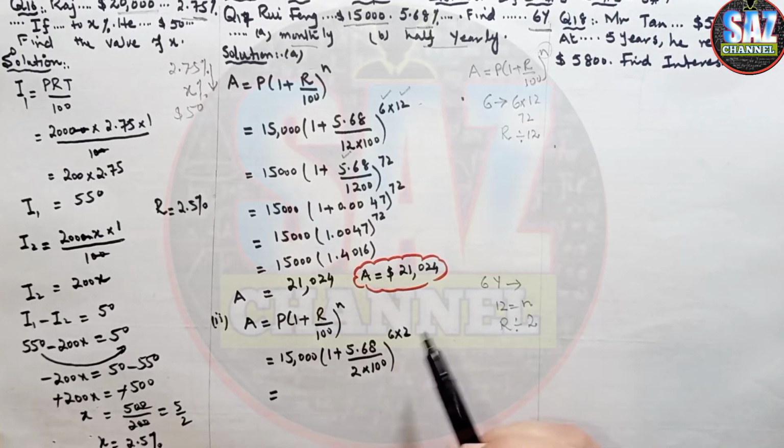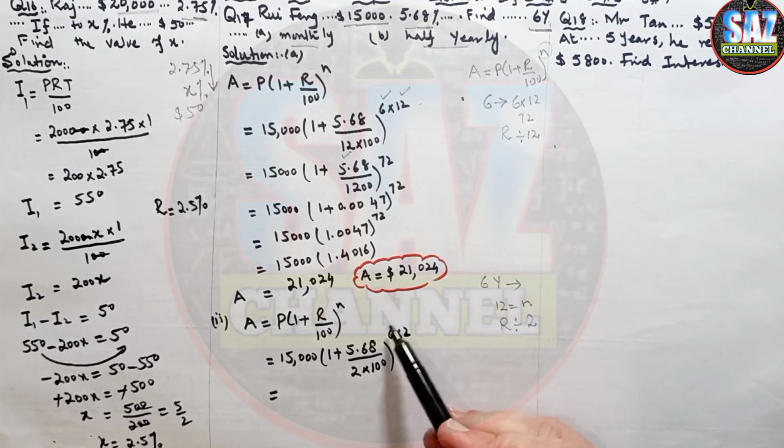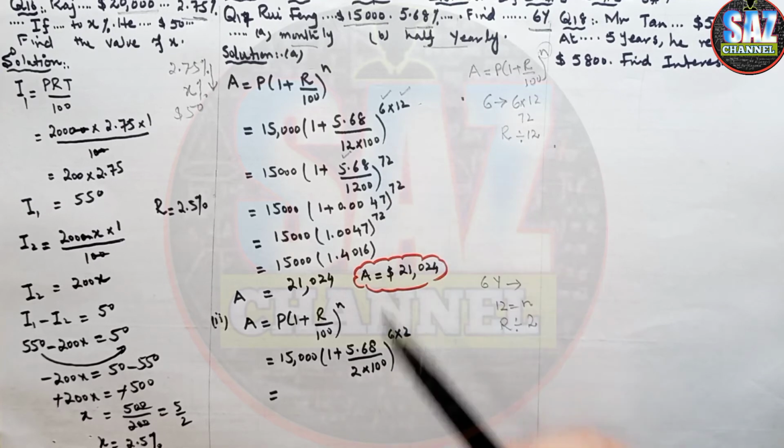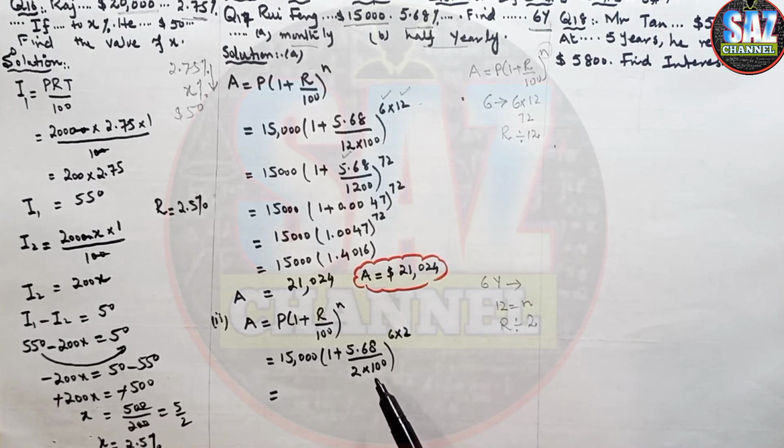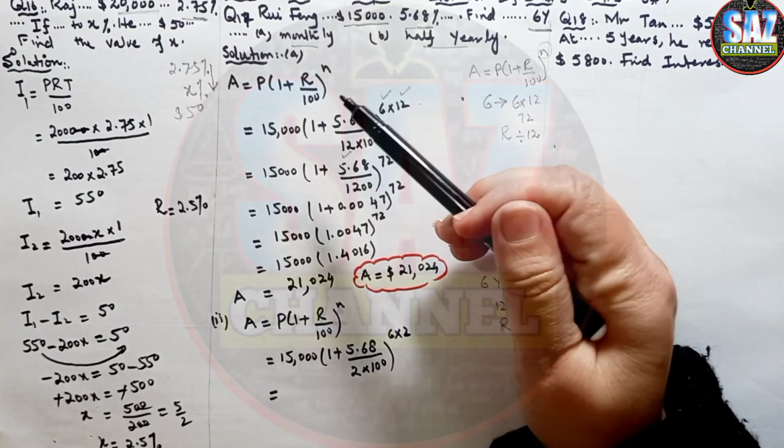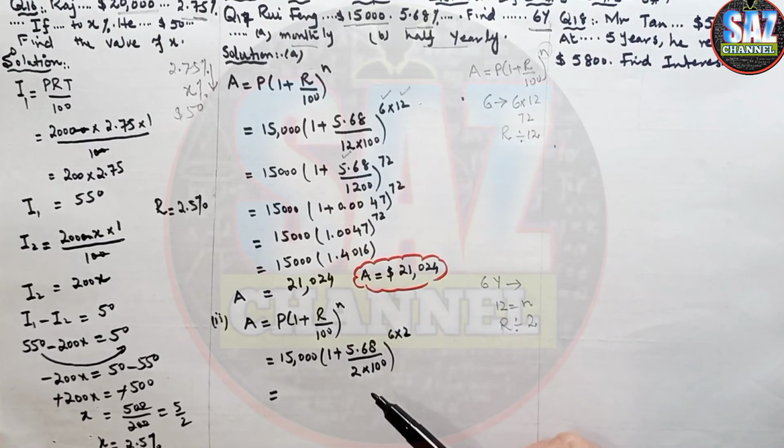It's really important to understand why we are multiplying 6 by 2 here and why we multiplied 6 by 12 there, because over there we used the monthly investment and here we are using the half yearly plan. So in 1 year we can have the interest twice, and for 6 years we can get the interest 6 multiplied by 2 times.